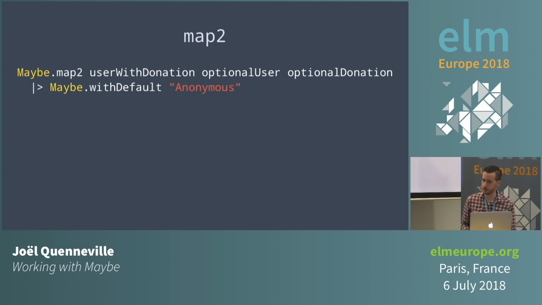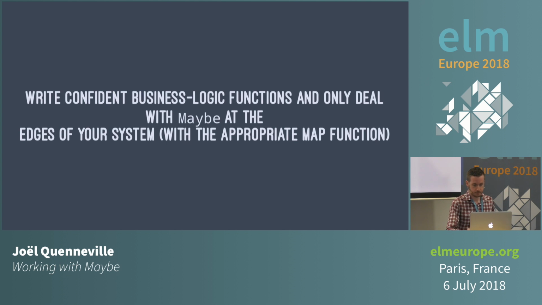Otherwise, immediately skip to the next step, which in this case is defaulting to anonymous. Another way to describe this idea is to say, write confident business logic functions and only deal with maybe at the edges of your system, probably using the appropriate map function.